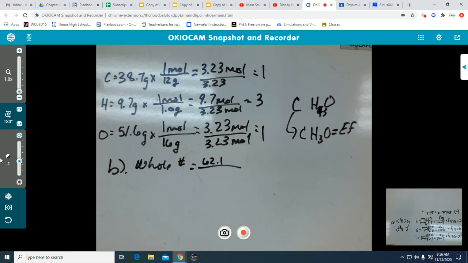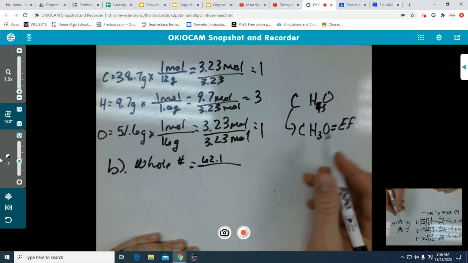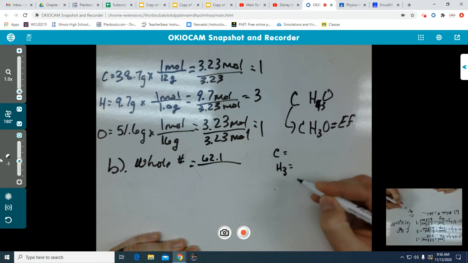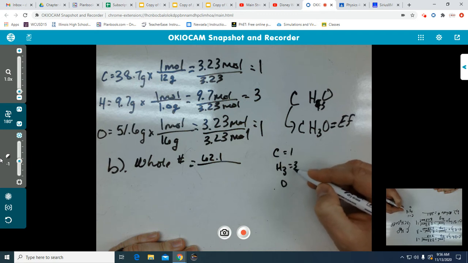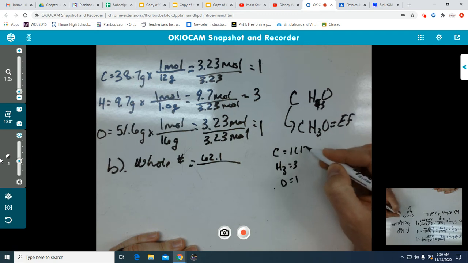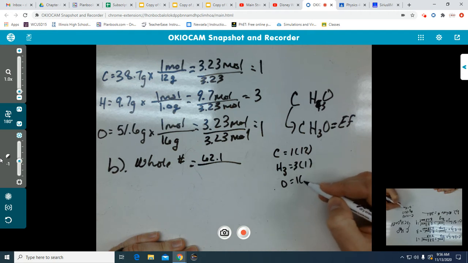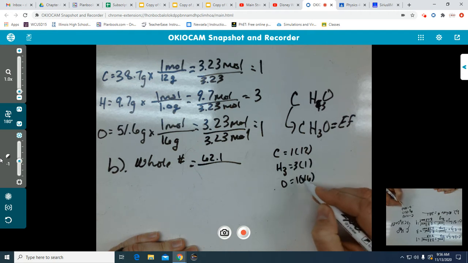I should say molecular weight, not molar mass, okay, because they're different units. And if we calculate CH3O, like we've done before, we've got 1 carbon, 3 hydrogens, and 1 oxygen. 12 is for carbon, 1 is for hydrogen, and 16 is for oxygen.